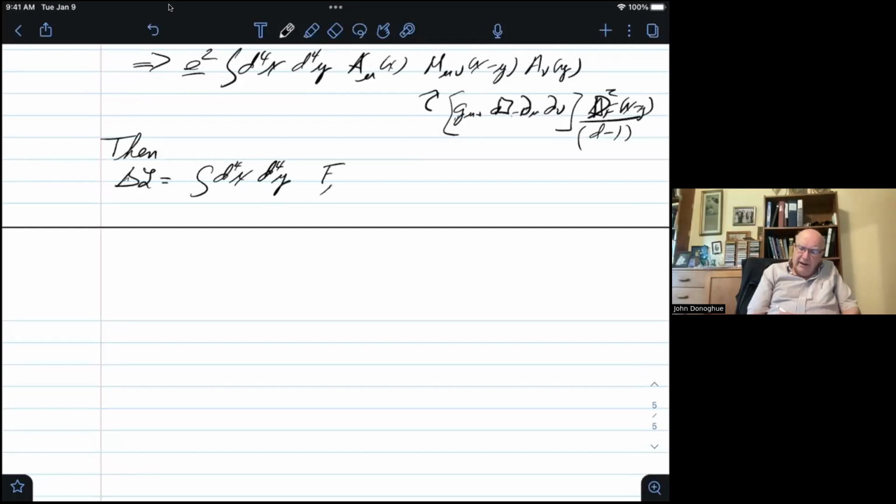It turns into F mu nu of x, Feynman propagator squared over d minus 1, x to y, F mu nu of y. Okay, so the nice feature here is that the original thing was gauge invariant, this is gauge invariant. And so you could have almost guessed that it has to have this form, and let's just write this a little bit.